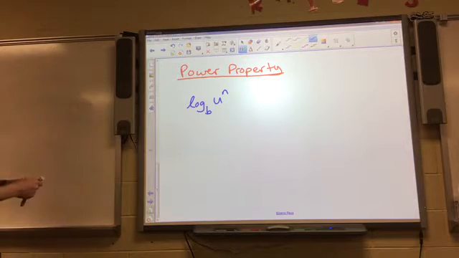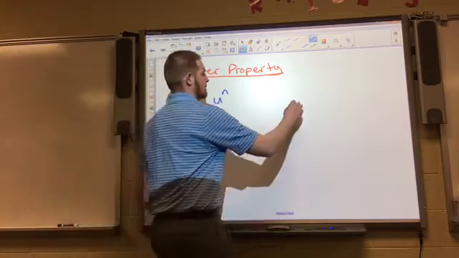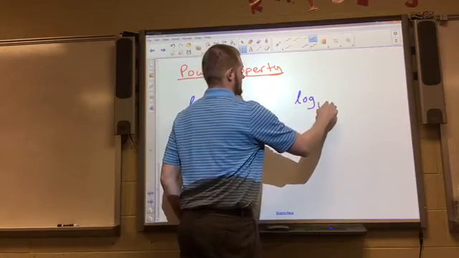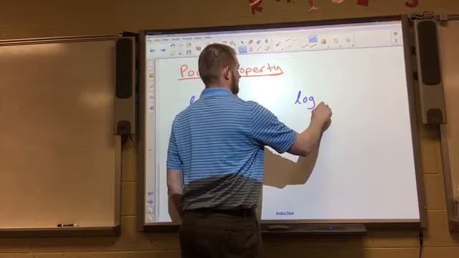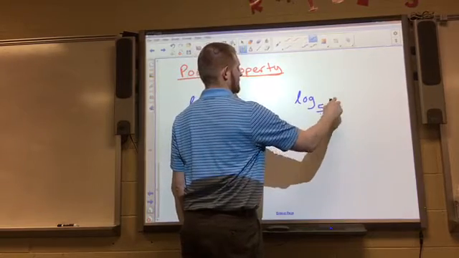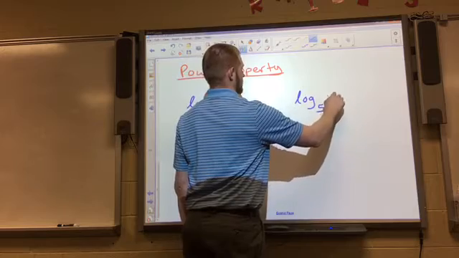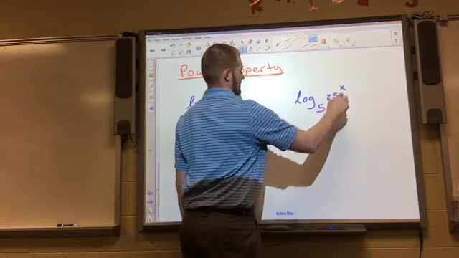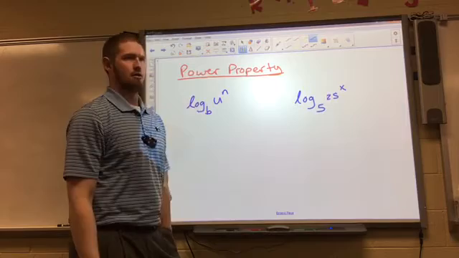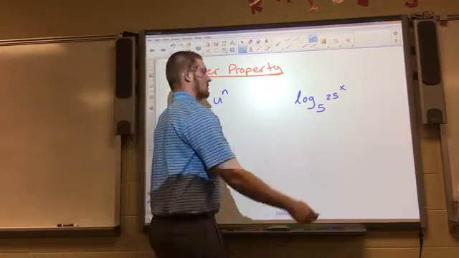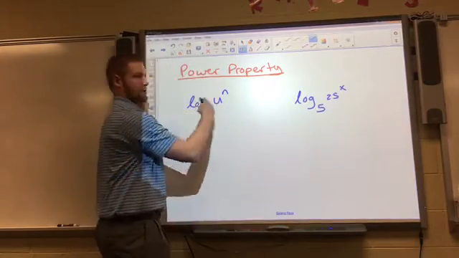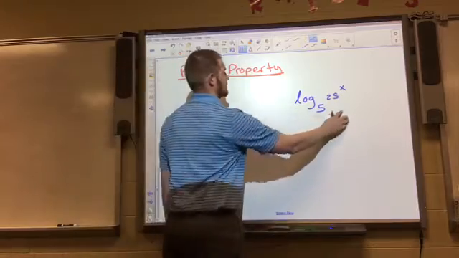Maybe you have log base 5 of 25 to the x. You can now use this property and rearrange that if we needed to.